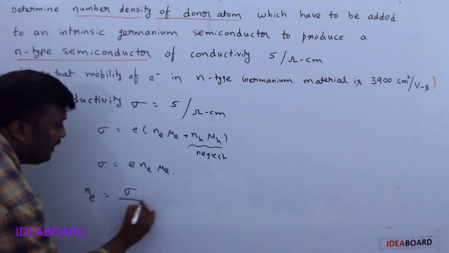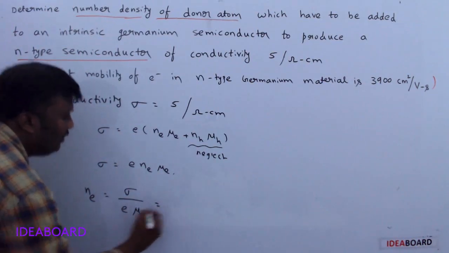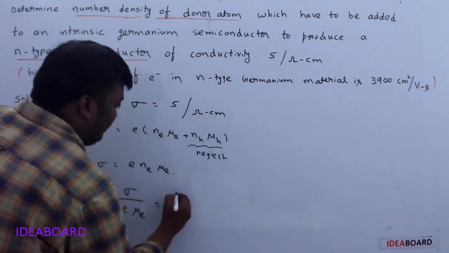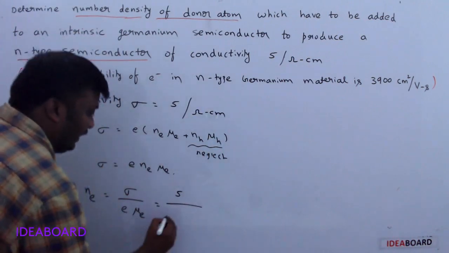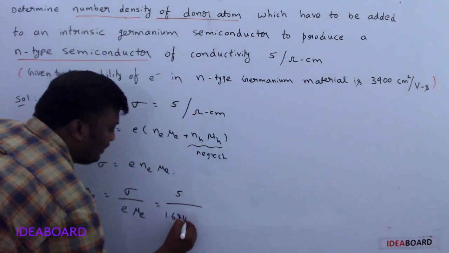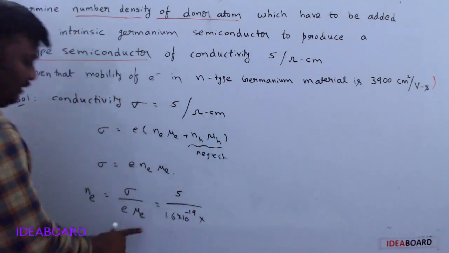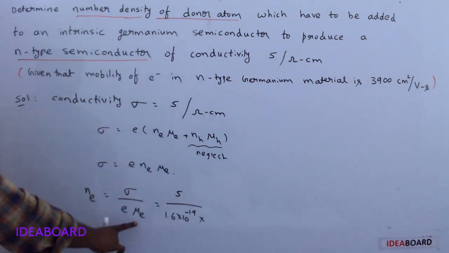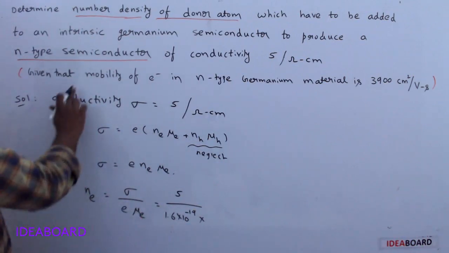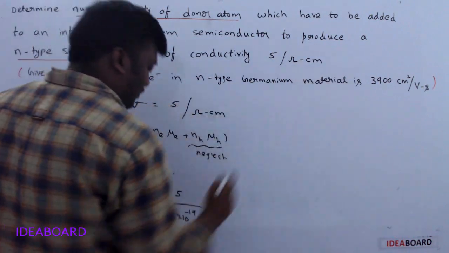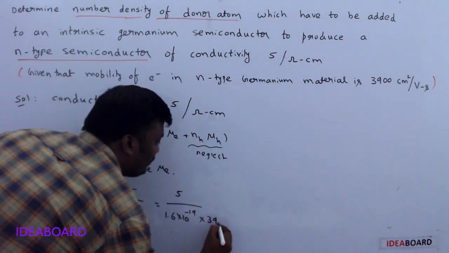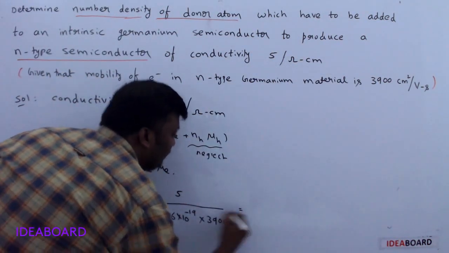So Ne is equal to sigma by e mu e. Sigma value is given as 5, divided by e, 1.6 into 10 power minus 19, and mu e. Mu e means mobility of electron. Mobility of electron is given here. How much? 3900.